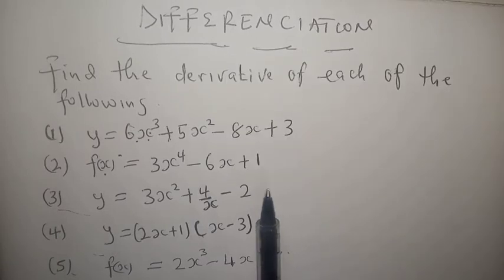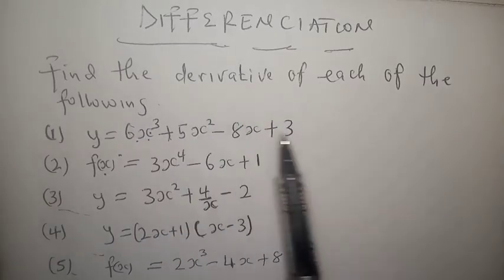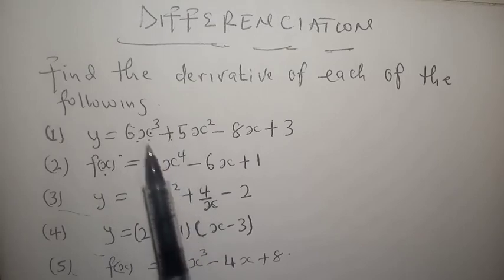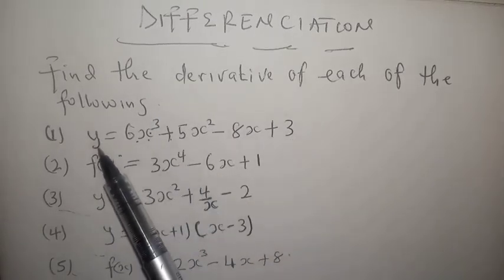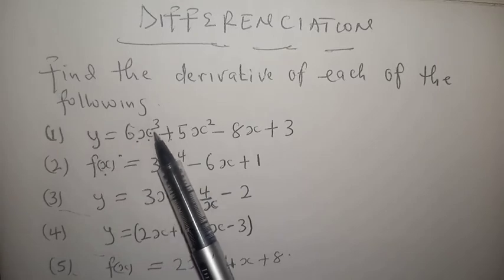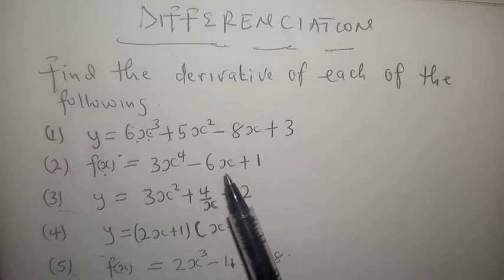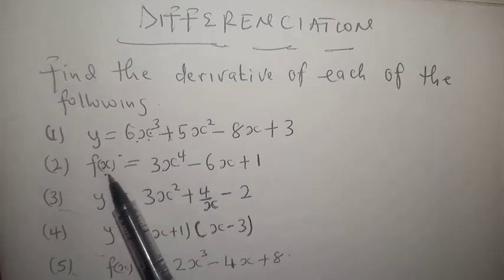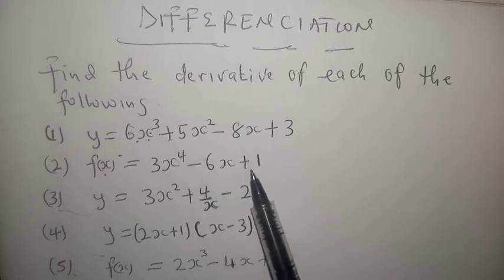The question says find the derivative of each of the following. Number 1, y is equal to 6x raised to power 3 plus 5x squared minus 8x plus 3. Question number 2, f of x is equal to 3x raised to power 4 minus 6x plus 1.